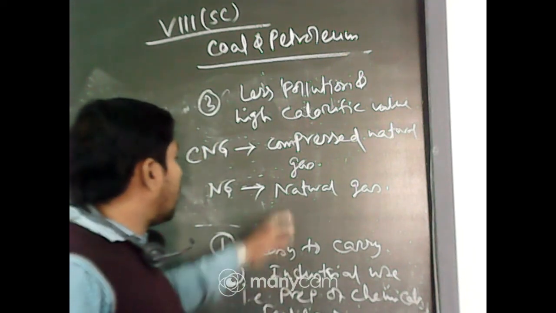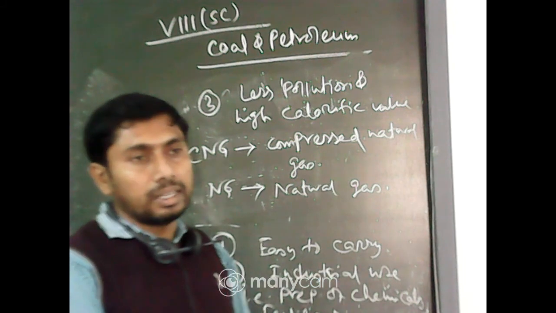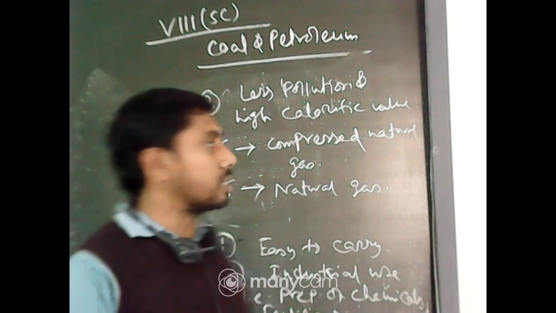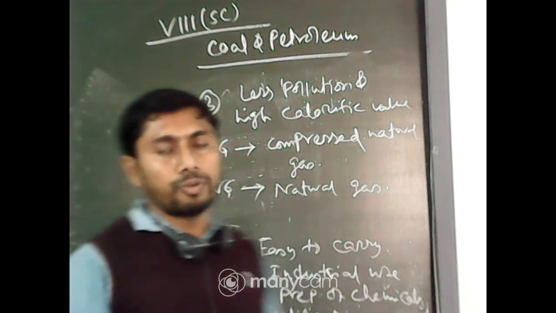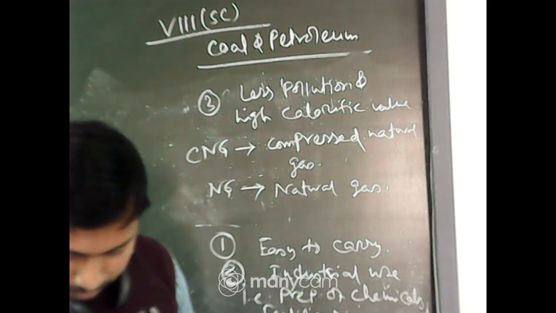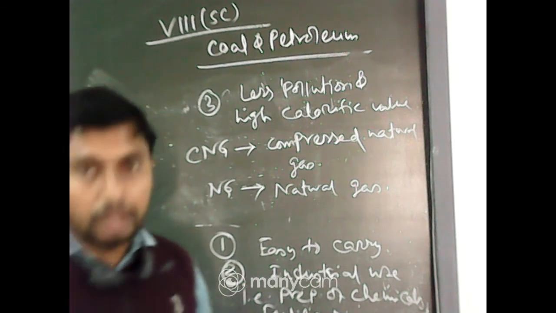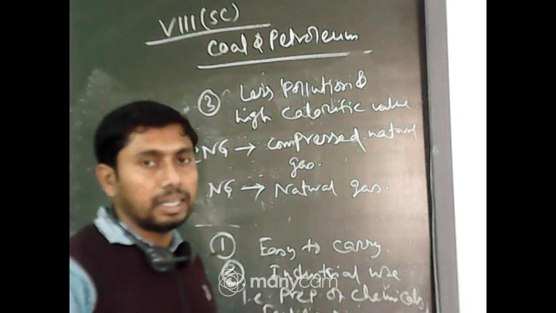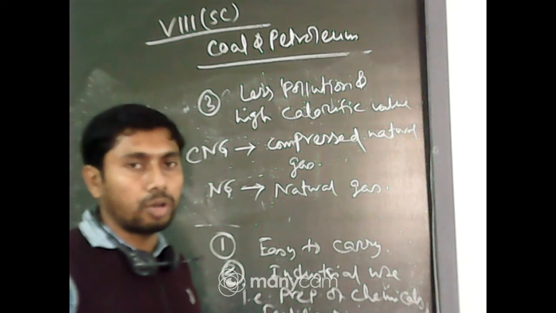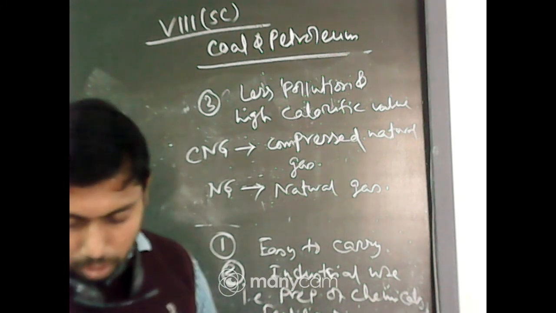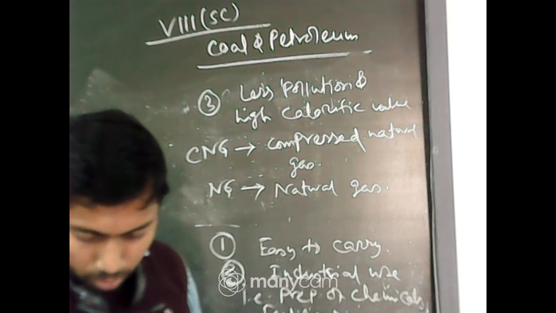But if we do not compress it, it will take a large area, because as it is gas, it should be compressed. So it is compressed to form a liquid. And the emission of natural gas is 50% less: less carbon dioxide, less carbon monoxide, less sulfur dioxide compared to that of the fossil fuels, that is coal and petroleum, basically petrol or diesel.